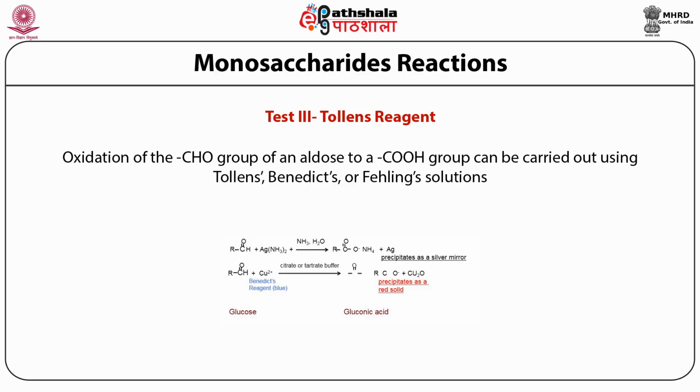In case of Benedict's reagent, the Benedict's reagent to start with has a blue color, but when the aldehyde group is oxidized to the carboxyl group, it is converted to a red solid precipitate.